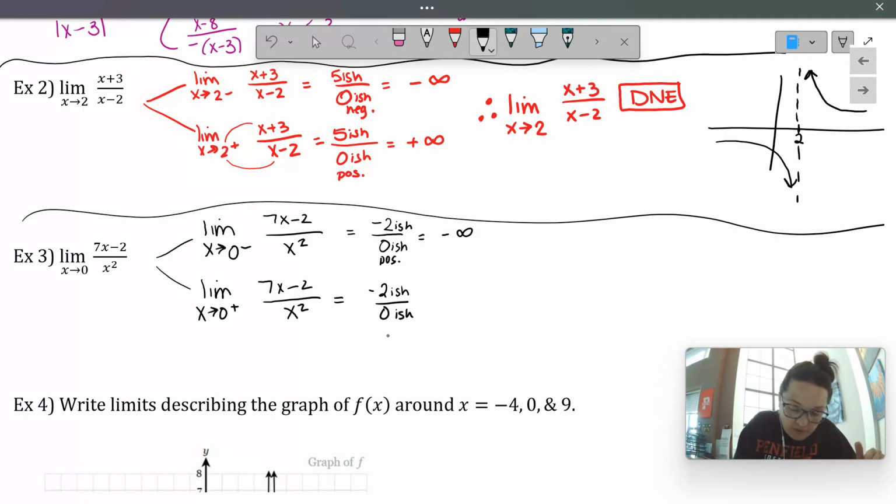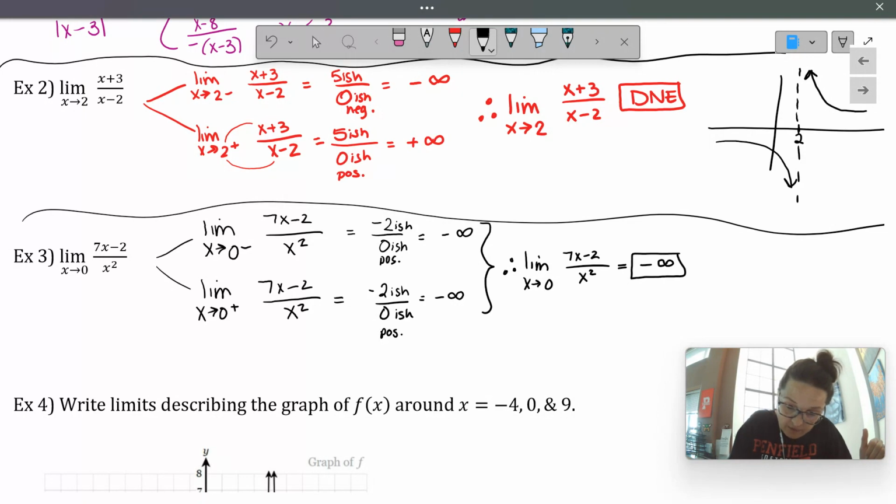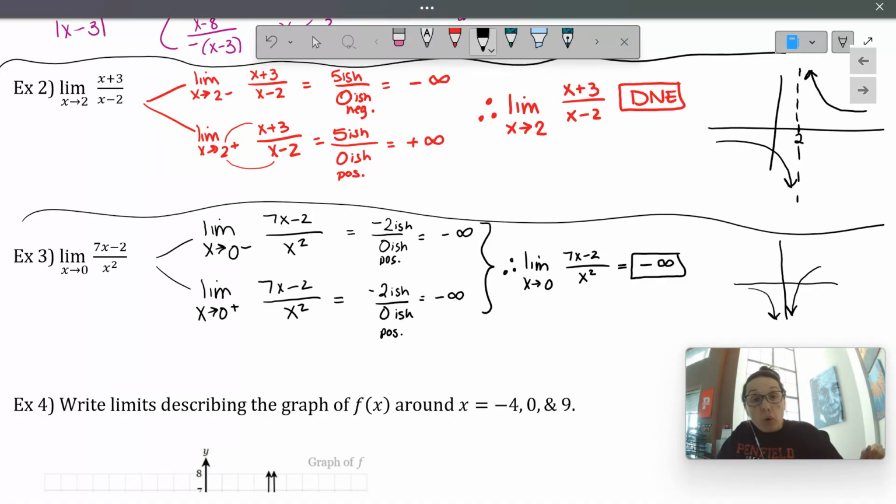But because of the squared, both of these denominators are positive as x goes towards 0, which means both of these limits go to negative infinity, which means my limit as x approaches 0 of 7x minus 2 over x squared equals negative infinity, which means our graph goes down on both sides. Okay?